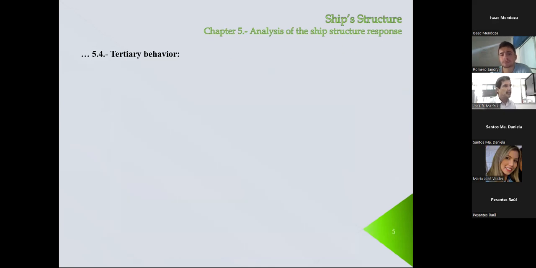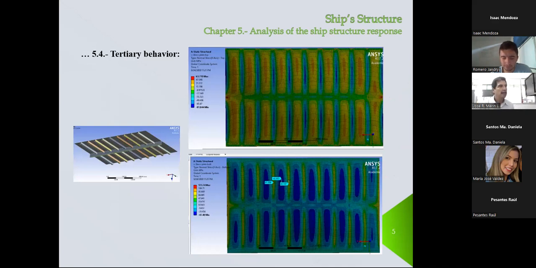So let's go on with this. Here we have a plating. I'm going to discuss the boundary conditions that we mentioned before. Here we have this model of a plating plus some stiffeners and one girder. This is the normal stress at the top of the plate, and this is at the bottom.